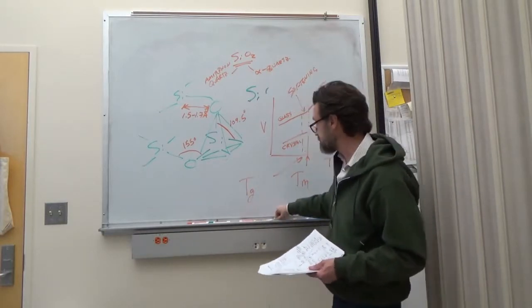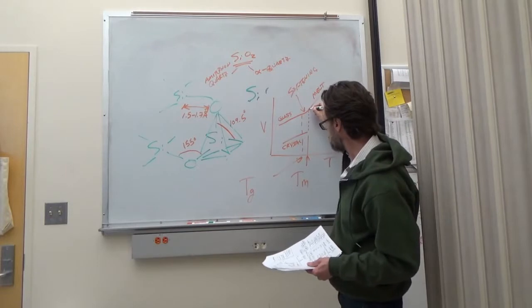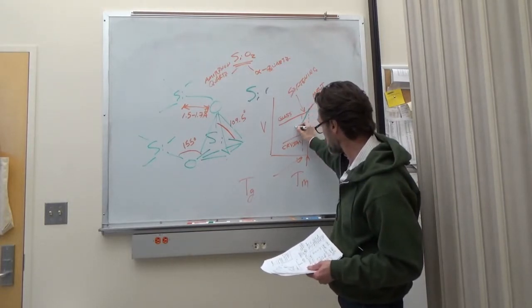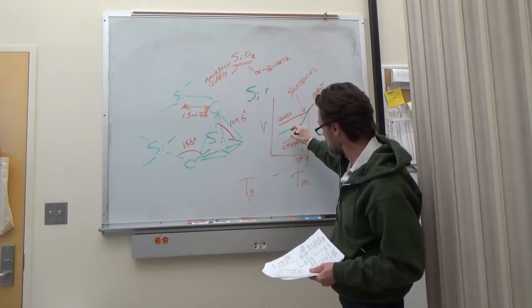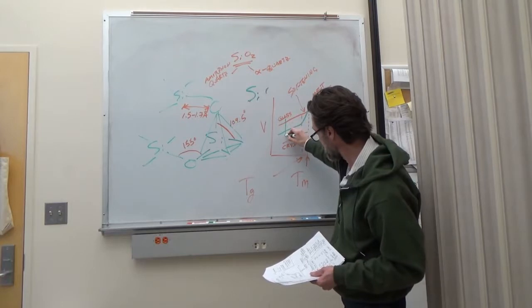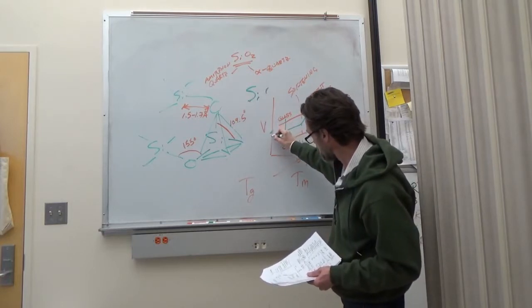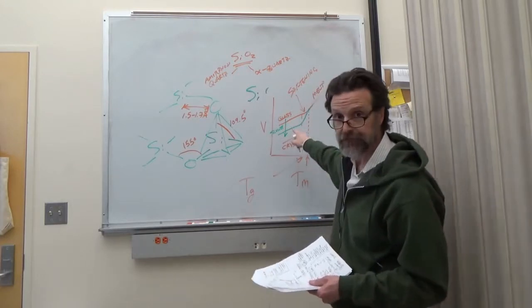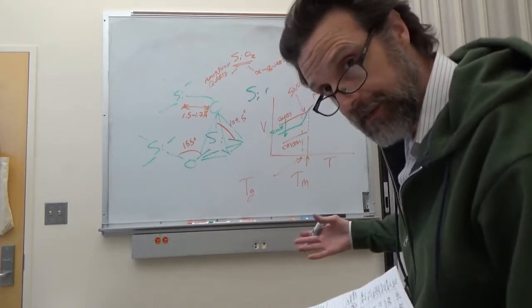If we were to cool it at a slower rate, what we might have is something that does this instead. Right? So we're still going to have a glass.